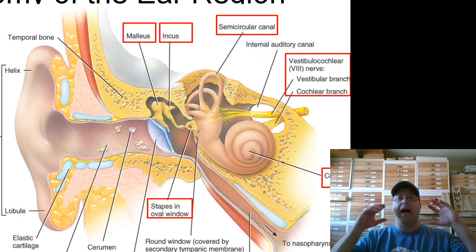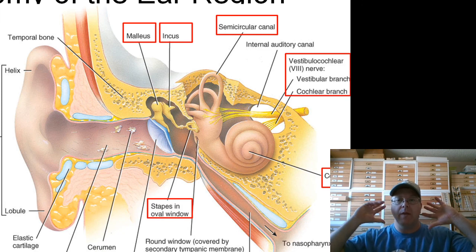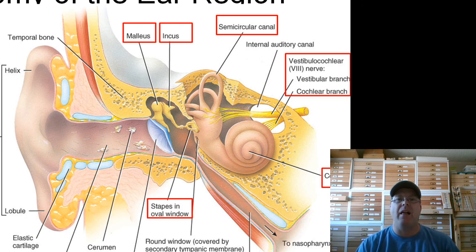But whenever you have that kind of deaf feeling where you can't hear, it's because that malleus is being inhibited from vibrating. Over the course of time, that muscle or those sets of muscles relax and your vibrations go back to normal, and then your hearing is restored.